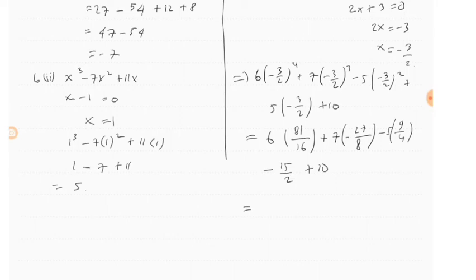16 times 81, 6. We have 486 over 16 plus or minus here, because in the first positive negative we have negative 7 times 27. 7 times 27 is 189 over 8 minus also 45 over 4 minus 15 over 2 plus 10.